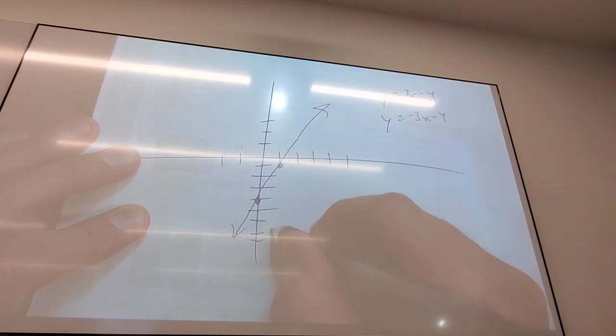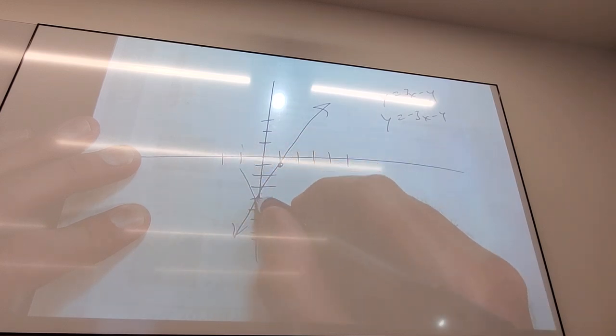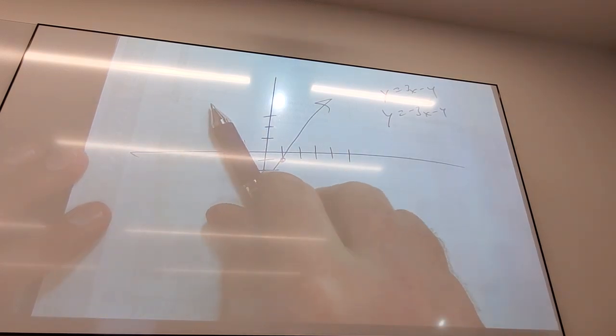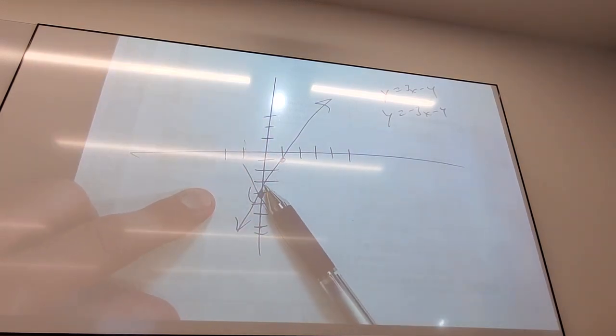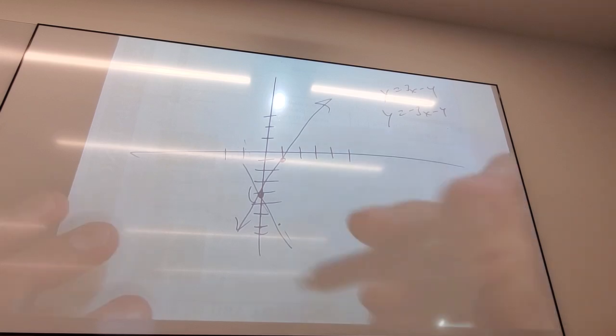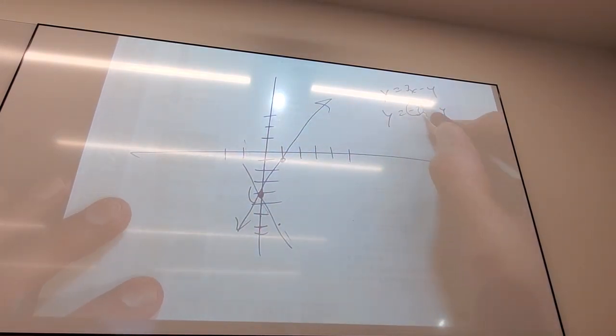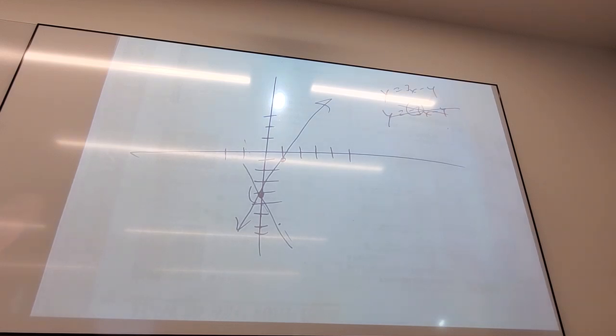Do those look like they're perpendicular? If they're perpendicular, what angle are they supposed to create? A right angle. So isn't this too steep, negative? Doesn't that make too big of an angle? If I made it less steep, it would actually hit at 90 degrees. So not only do I have to make it negative, the opposite sign, I also have to flip it.